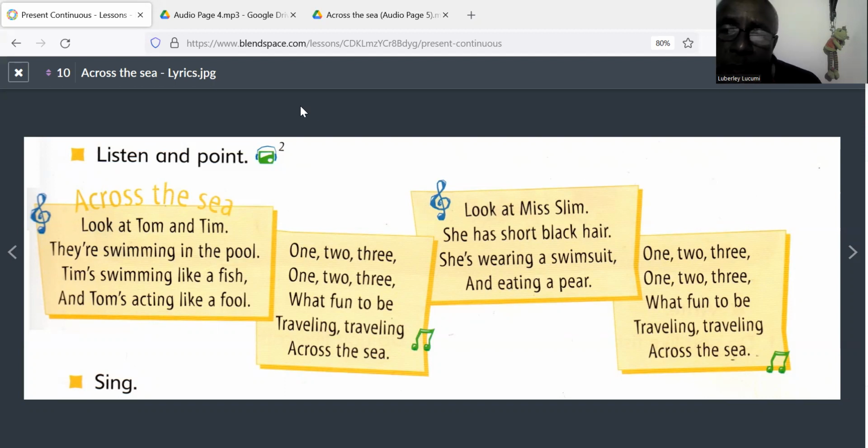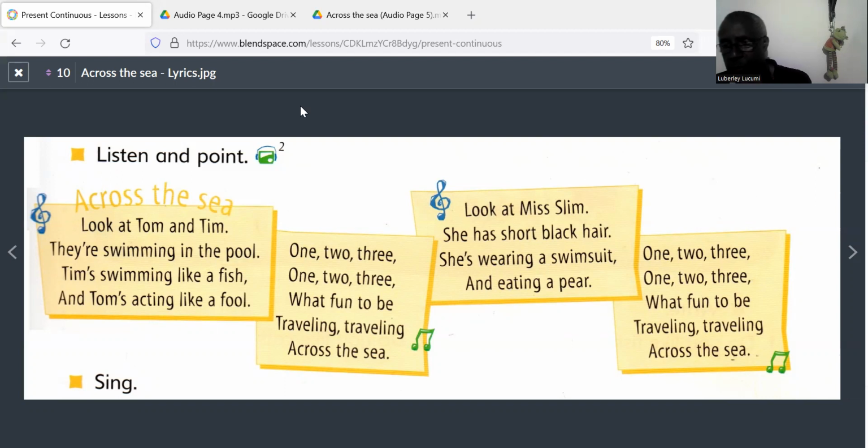Okay. Group number 3. Please tell me, do you see any action in the third part of the lyrics? Yes? Okay. Wearing. Yeah, what else? Eating. Yeah, you're right. 2 actions. Okay, group number 4.